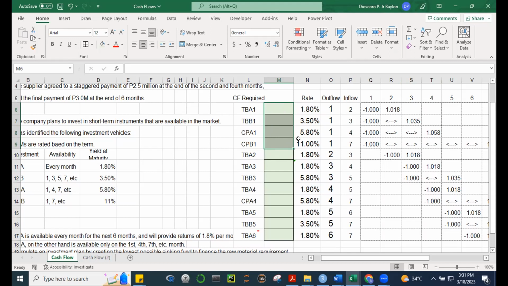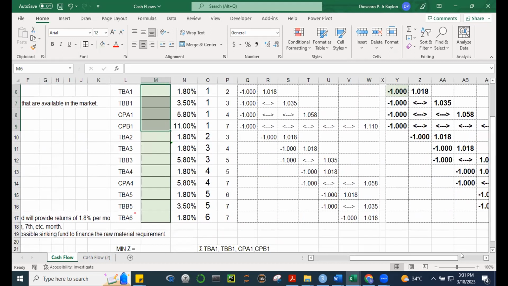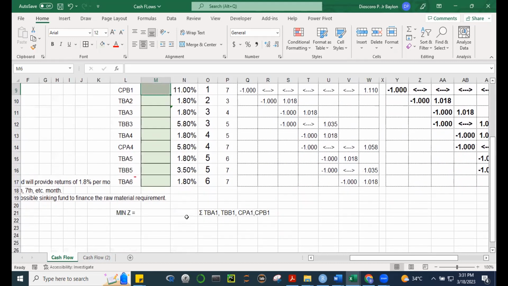So that's why we wrote here TBA1 plus TBB1 plus CPA1 plus CPB1 should be minimized. This is our objective function.